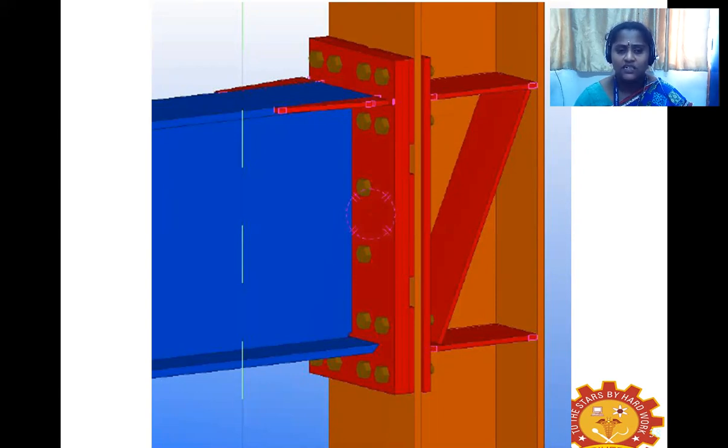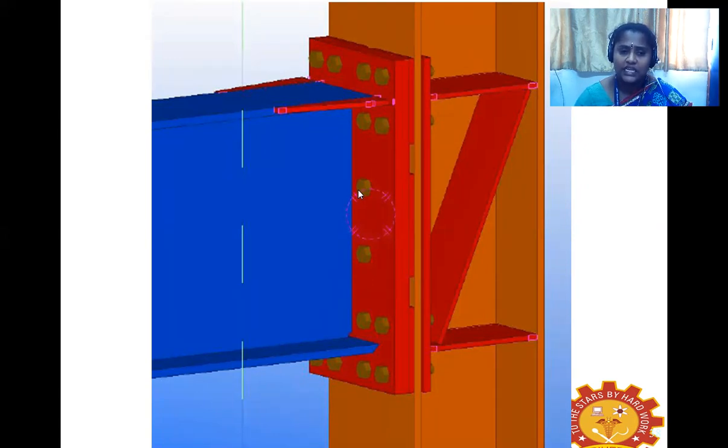Coming to the disadvantages, the most important disadvantage is corroding and rusting. For that, we have many protective coatings, but still there is no 100% protection against corrosion. Moreover, the major disadvantage is the cost.